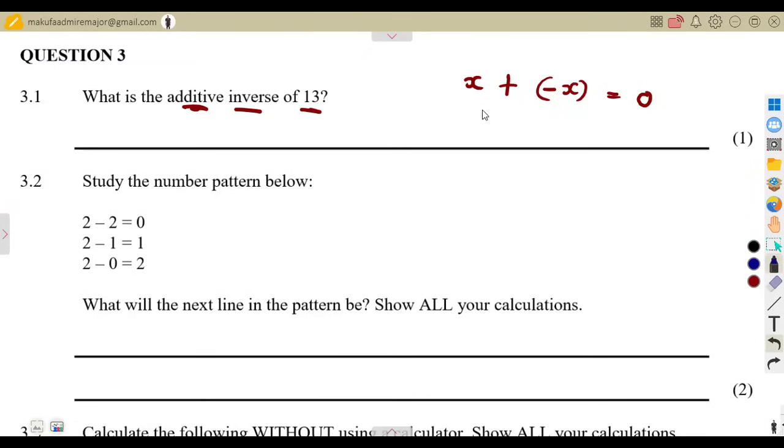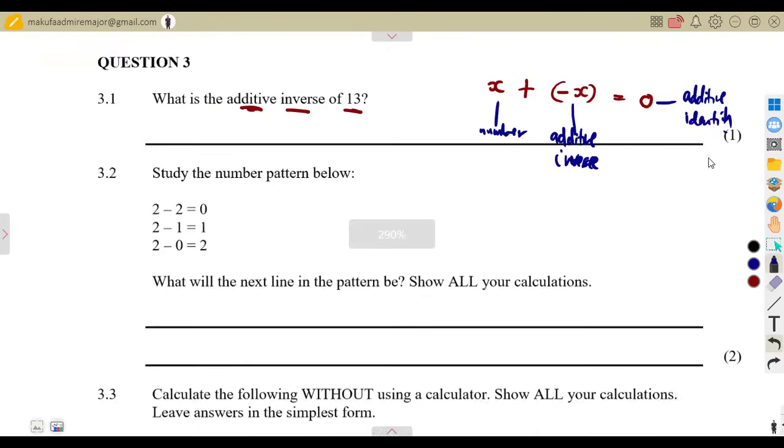So this is the number, this is your additive inverse, and this is your additive identity. That is the idea there.